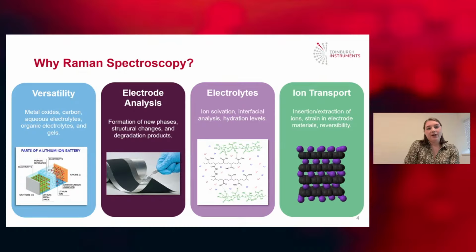In that case, you can analyze the electrode, the electrolyte, and look at ion transport. When looking at the electrode, you might be interested in formation of new phases, structural changes, and degradation products. For electrolytes, you might be interested in ion solvation, interfacial analysis and hydration levels. And finally, you can look at insertion and extraction of ions, strain on electrode materials, and reversibility.